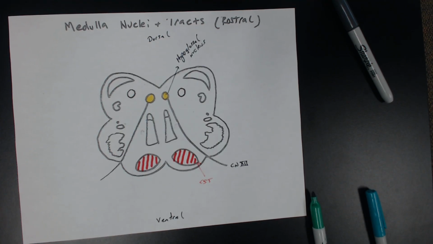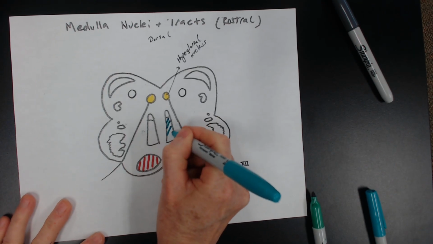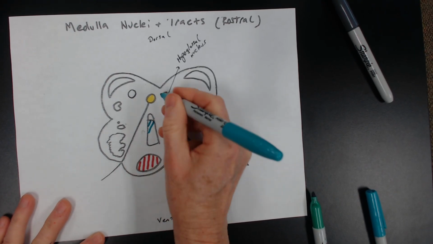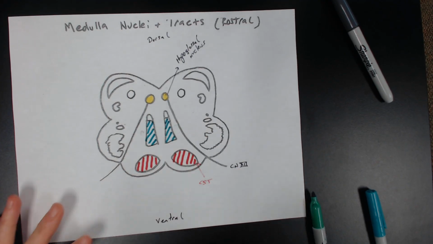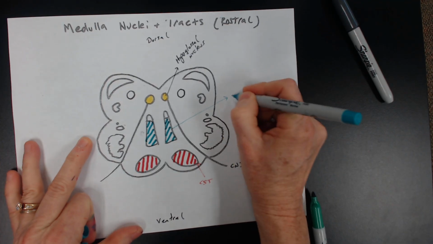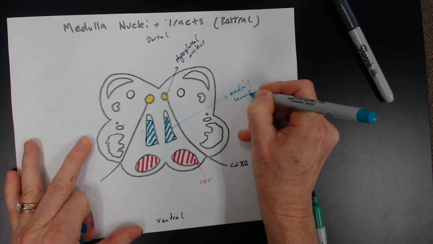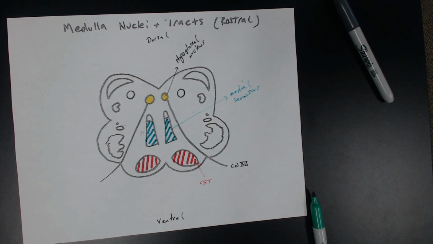One thing that we haven't talked about is the word lemniscus. Lemniscus by itself means an elongated structure. And you know that the medial lemniscus is going to be medial, right? So this long elongated structure, just the bottom part, is going to be your medial lemniscus, and that carries your DCML information.